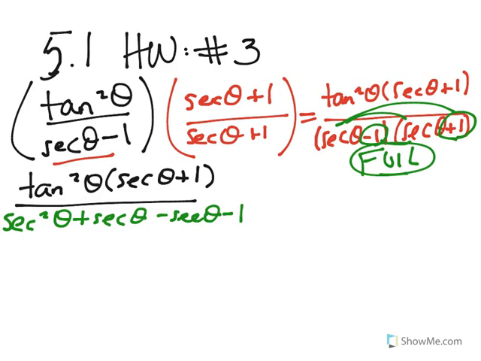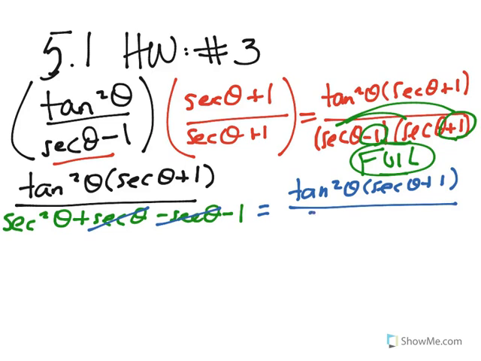And again, can we clean this up? Positive secant minus secant, that goes away. Let's rewrite this and see what it looks like. Tangent squared, secant plus 1 on top. On the bottom, we're left with secant squared minus 1.